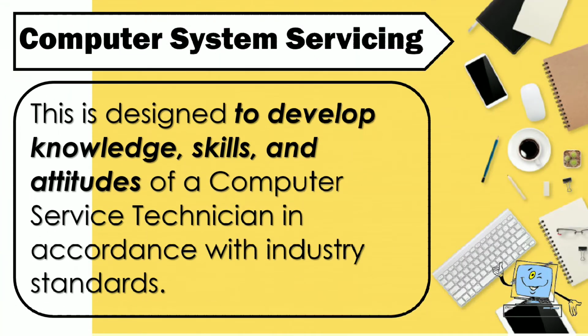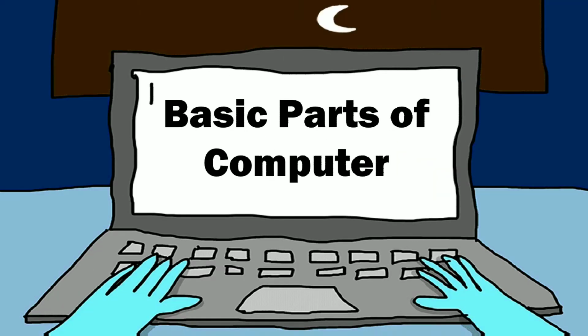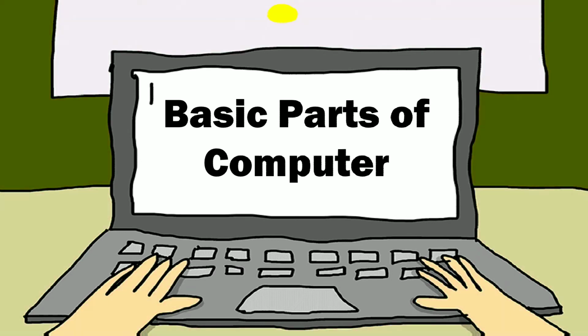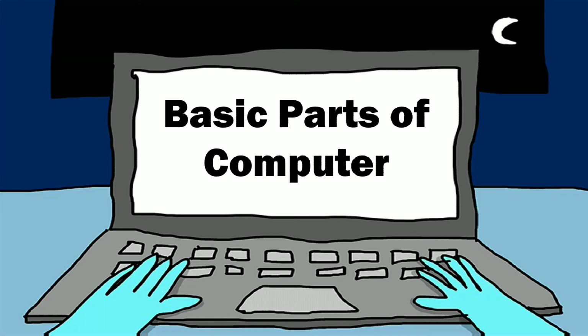On the other hand, computer system servicing is designed to develop knowledge, skills, and attitudes of a computer service technician in accordance with industry standards. It covers basic and common competencies such as installing, maintaining, configuring, and diagnosing computer systems and networks. And that is for the basic concepts under computer system servicing.